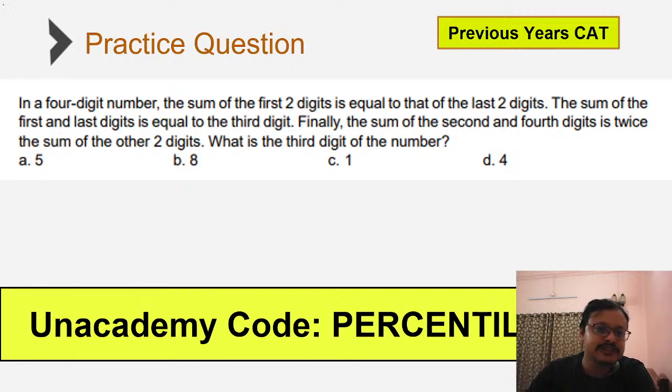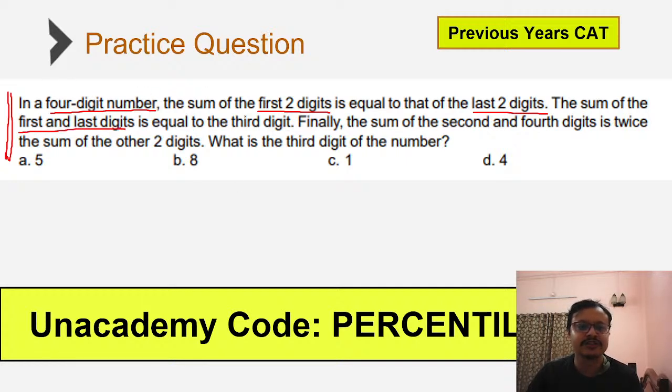So the fourth question is as follows. Here you've been given a 4-digit number. The sum of the first two digits is equal to that of the last two digits. Also, the sum of the first and last digits is equal to the third digit.